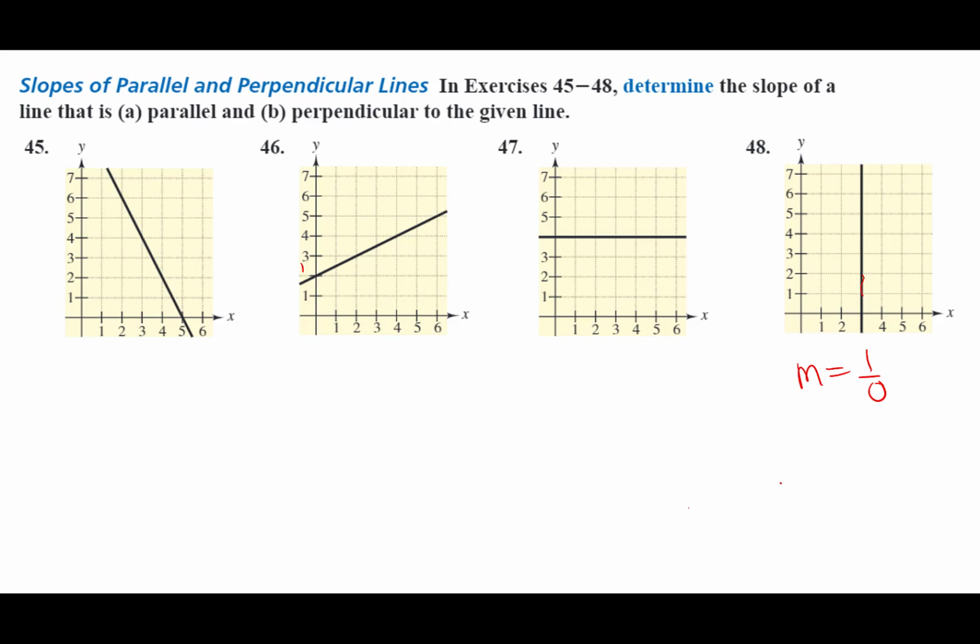But anytime 0 is in the denominator, it's an undefined slope. So your parallel slope will also be undefined, but your perpendicular slope will be completely horizontal, and a horizontal line always has a slope of 0.